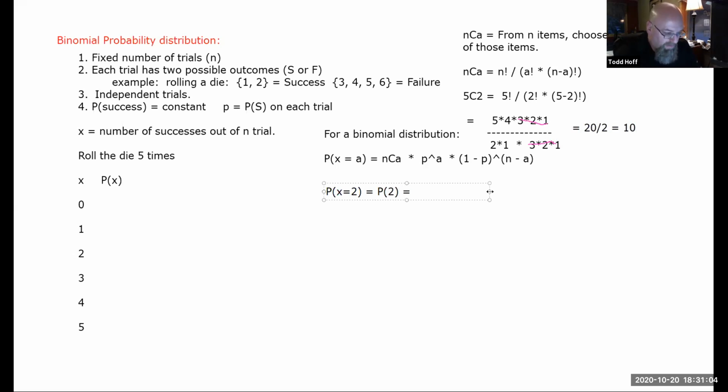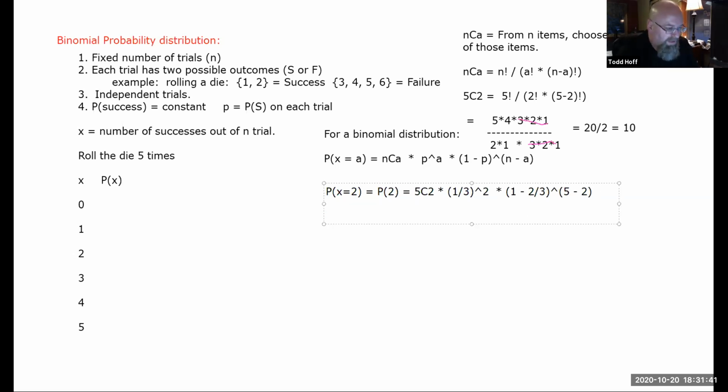That's going to be 5 choose 2, because we're out of 5 trials and we want 2 successes, times our probability of success, 1/3, to the power of 2 successes, times our probability of failure, 1 minus 1/3, that's 2/3, our 1 minus p, to the power of the number of failures. That's n minus a, or 5 minus 2. If 2 out of the 5 are successes, 3 are failures.